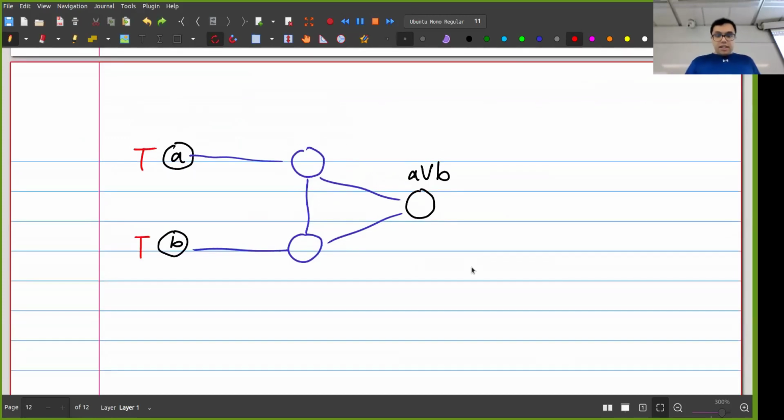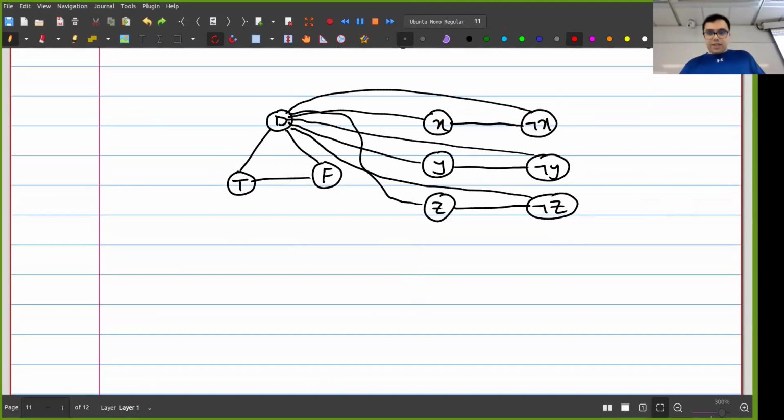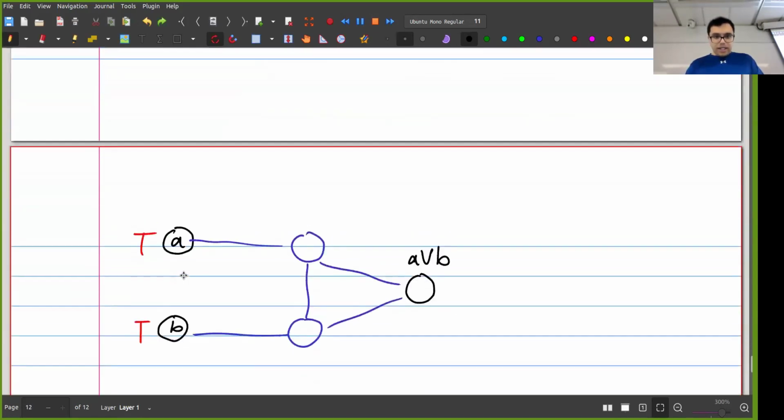But here I know how to do one OR. I want to do two ORs. I want to have X or Y or Z. Well, I can just take this one and include it in another gadget that looks exactly like this. So I'm going to take X and Y. Okay, here's the thing.